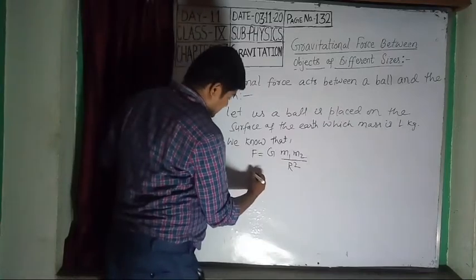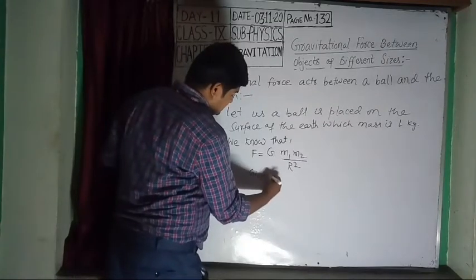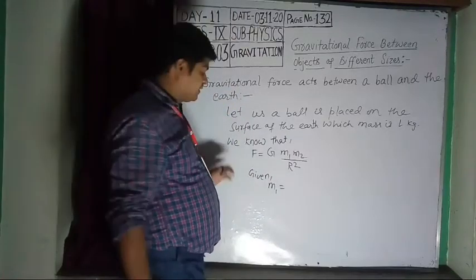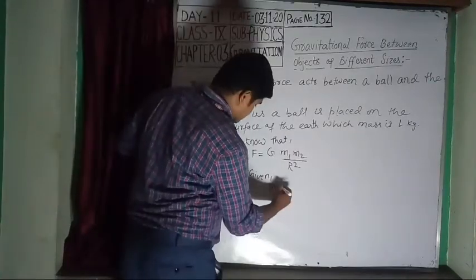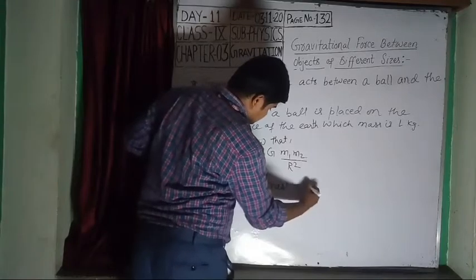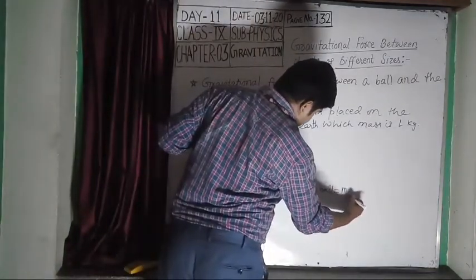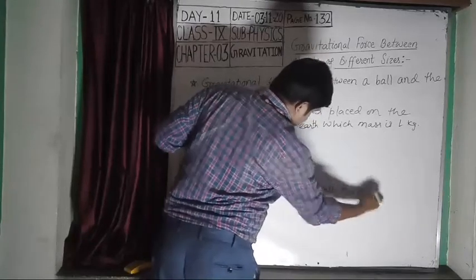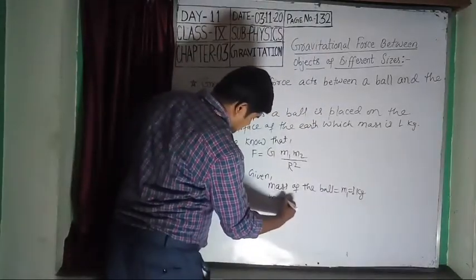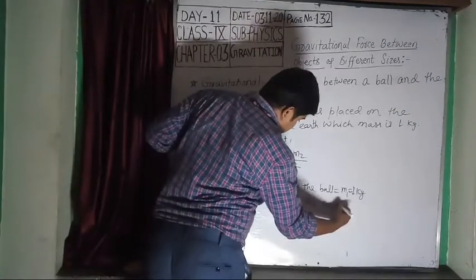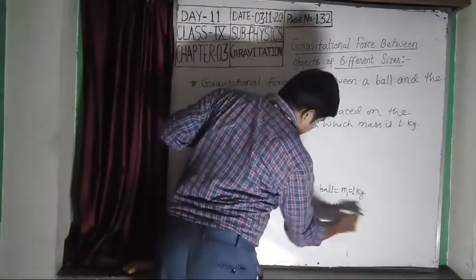Now select the data given. m1 means the mass of the ball. You will write here mass of the ball m1 equal to 1 kg, and second, mass of the earth, me.